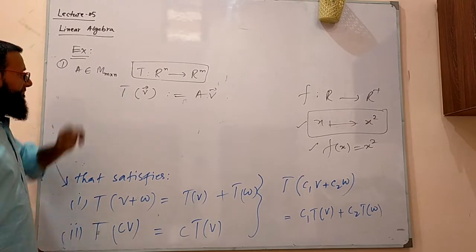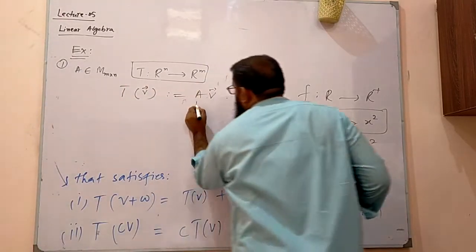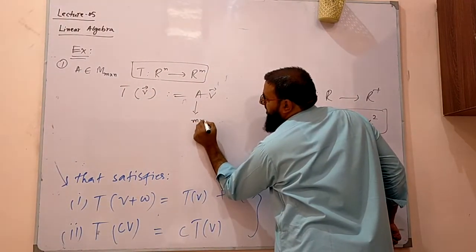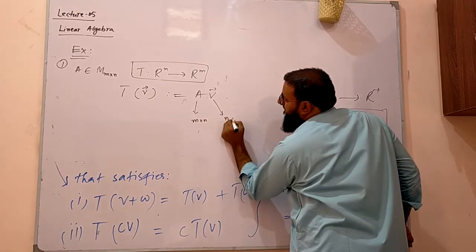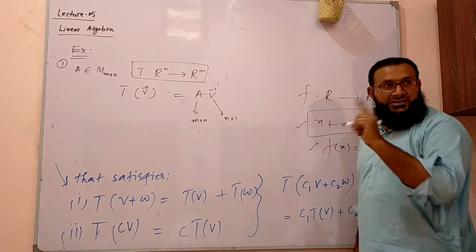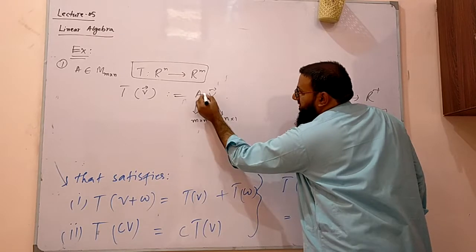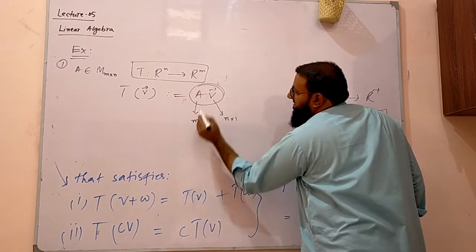M by n. What is the order of V? n by 1, n rows, 1 column. It's possible. So what is the total order of this?